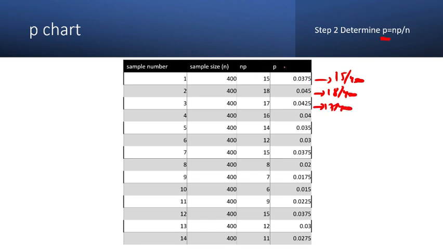We check the proportion of defective items, defective products, over total products. So we check the proportion of the defective products versus the total products.